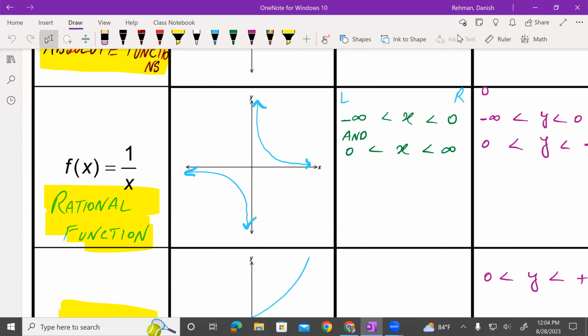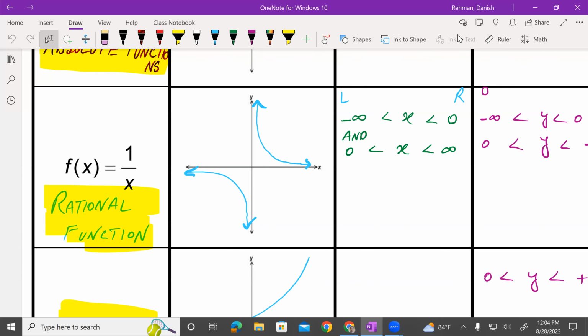Then the next function here is called exponential function. Exponential function like that.